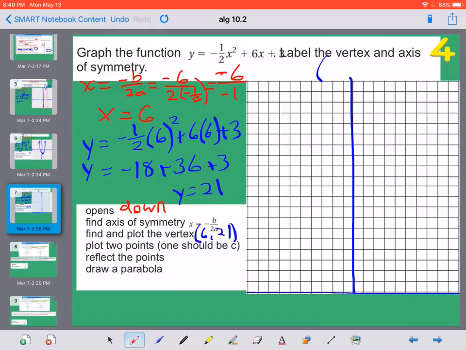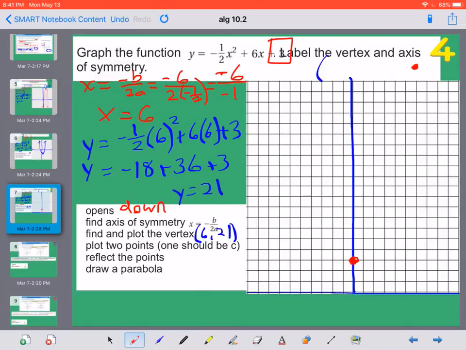So at 6, 21, 1, 2, 3, 4, 5, 6. The 21 is going to be way up here. So now C, if I look back at my equation, my C is going to be 3. So 1, 2, 3. That's where it's going to go through my y-axis.